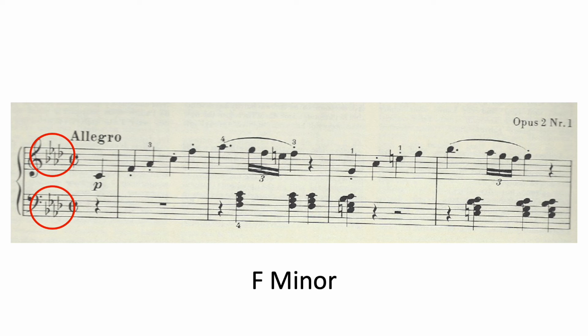Next, when we take a look at the music, we see that we have a reoccurring E natural happening within the piece. So we have to figure out, is this E natural an alteration to F natural minor? We know it can't be F natural minor because of this reoccurring E natural.